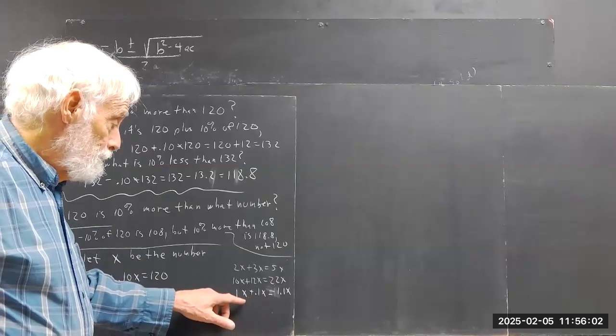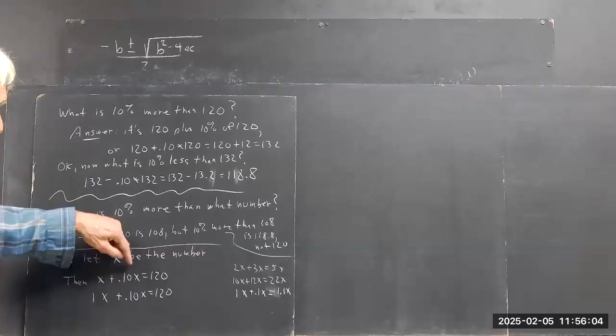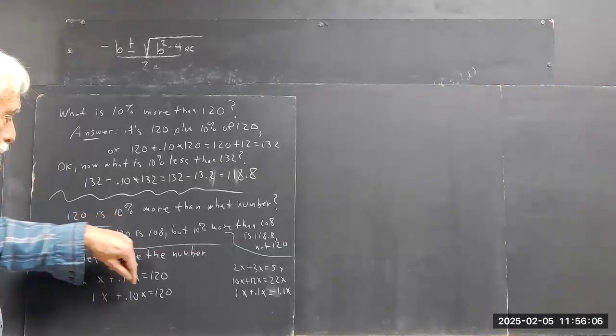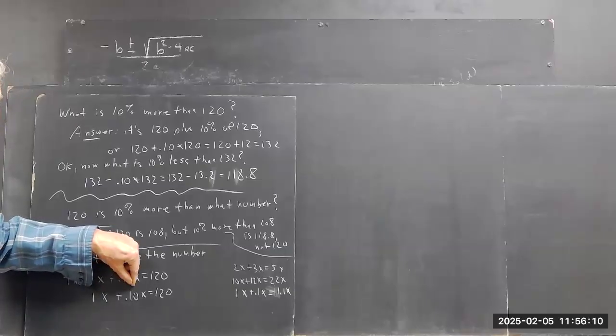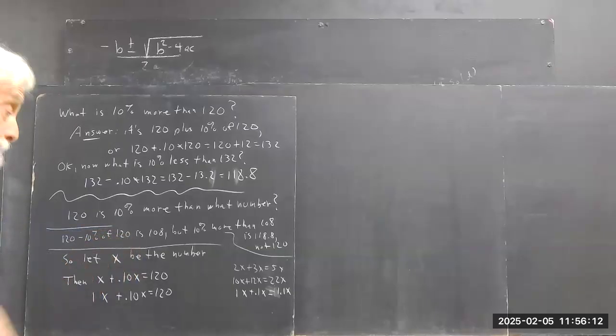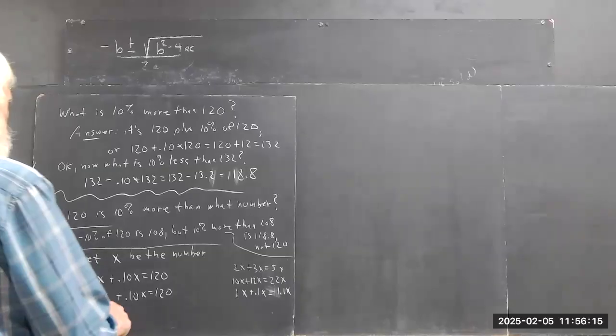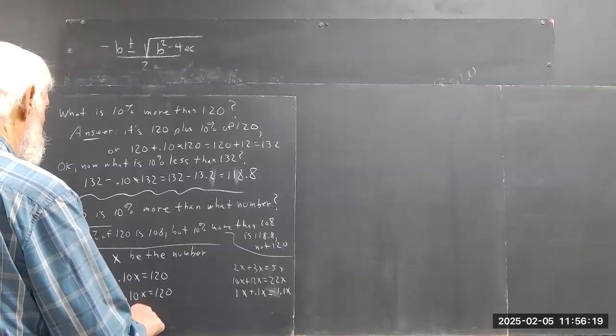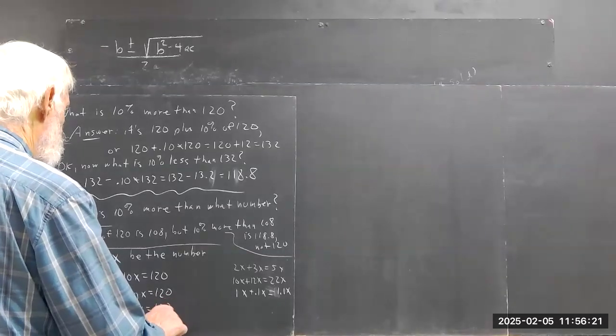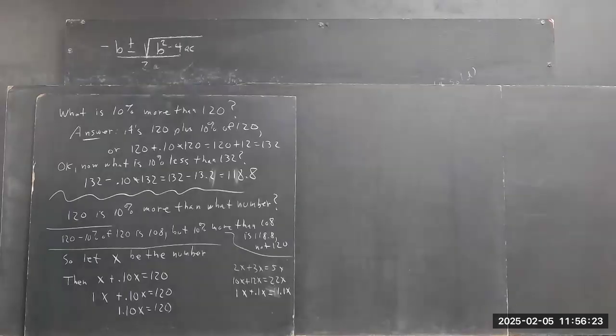So x plus 0.10x is 1x plus 0.10x, which means you have 1 plus 0.10 times x. So that means you have 1.10x equals 120.